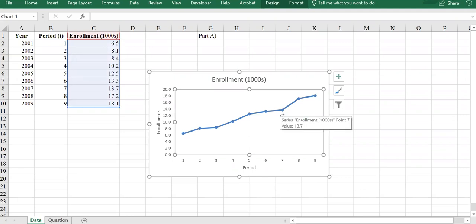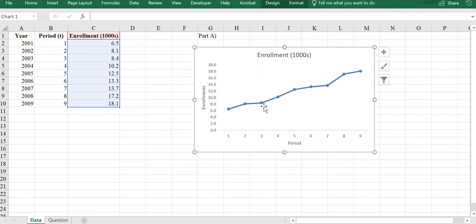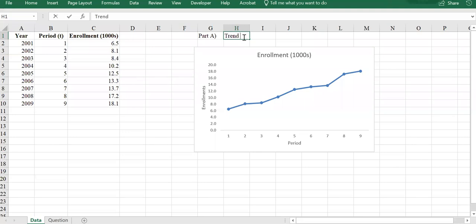So we just need to add the trend line in order to get the equation. For part A, it asks to do the time series plot and comment on the trend. So the trend pattern that exists is an increasing linear trend pattern in this data file.